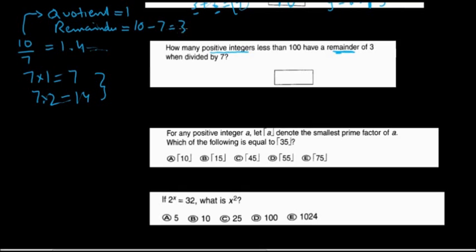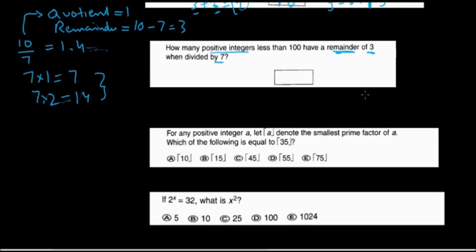Okay, so this is the definition of remainder. When you divide something by something, whatever is left over after you take out the quotient part of it is called the remainder. Okay, so they are asking that you take positive integers that are less than 100, divide that by 7, and tell me how many of those, after division, will have a remainder of 3.